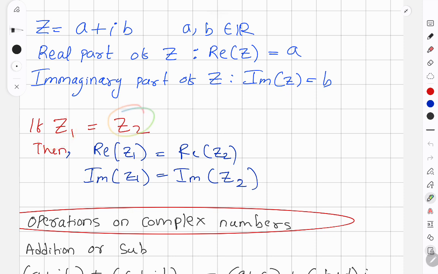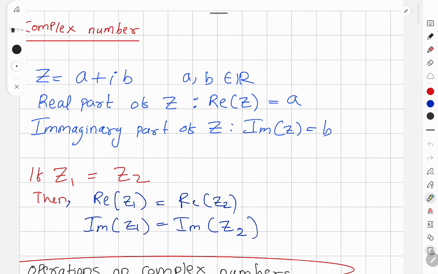When we compare two complex numbers, z1 and z2, and you want to say both of them are equal, that means their real parts must be equal and their imaginary parts must be equal.